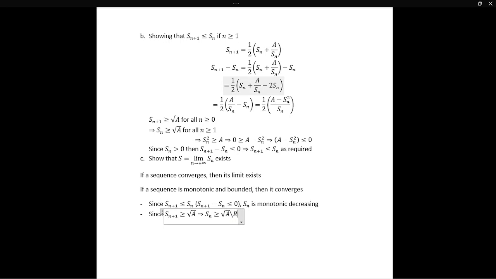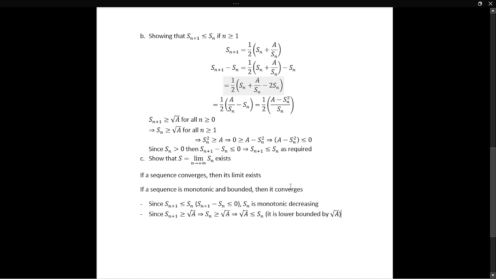So it means that the square root of a is less than or equal to the sequence s of n, which means that it is lower bounded by the square root of a.